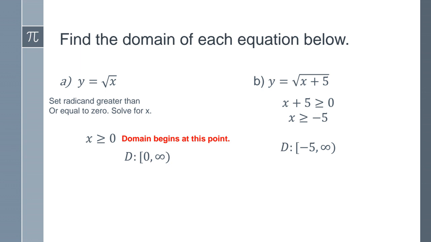Okay, now can I use values to the left of -5 or to the right of -5? So here, it's easy to see when it's in interval notation, because the value of x has to be greater than or equal to -5. Why? Because check it out.